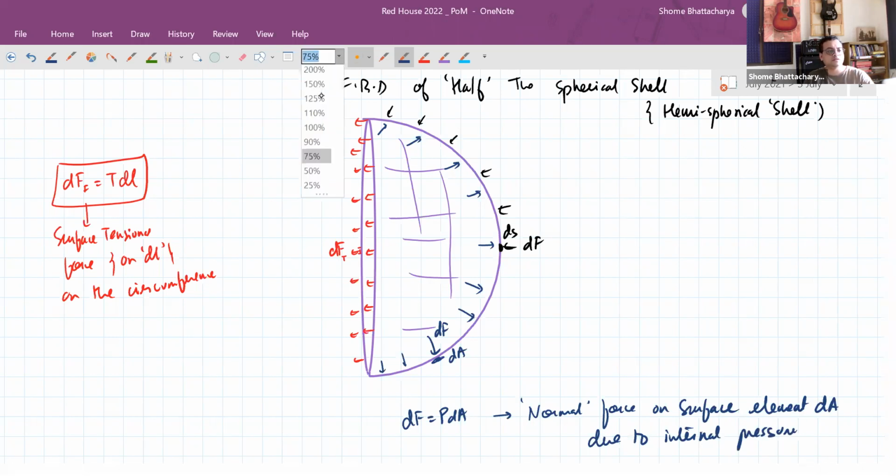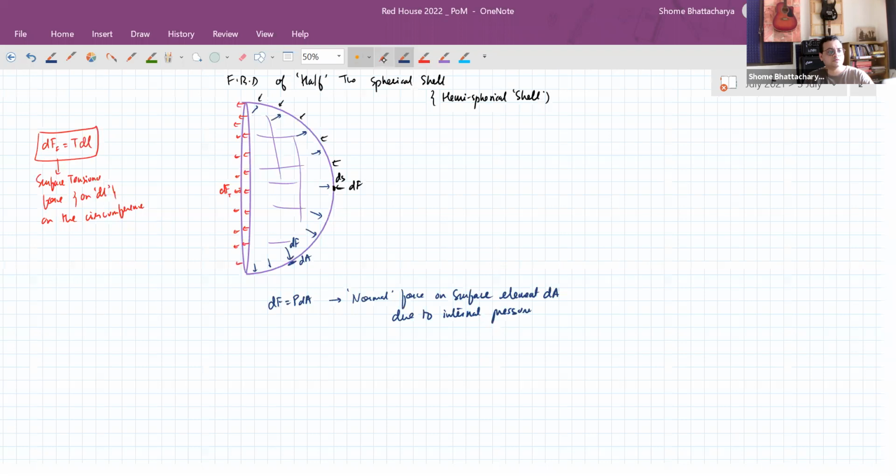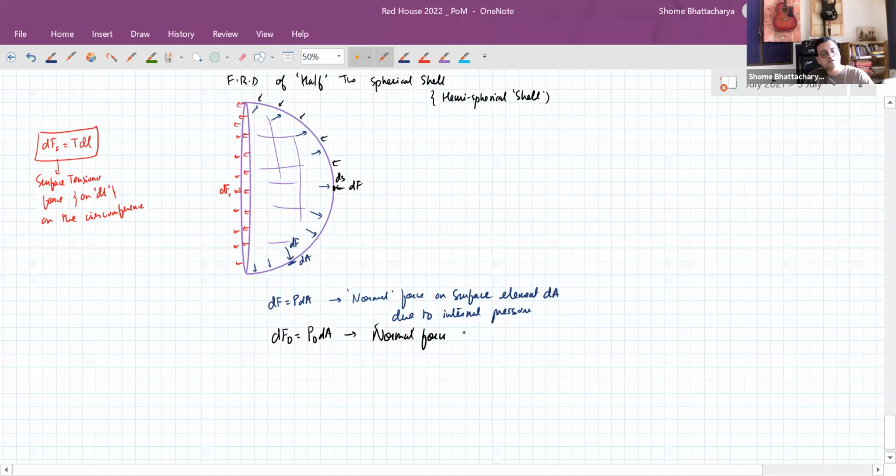And likewise, we have again the normal force on surface element dA due to external pressure, P0, whereas the internal pressure was P.